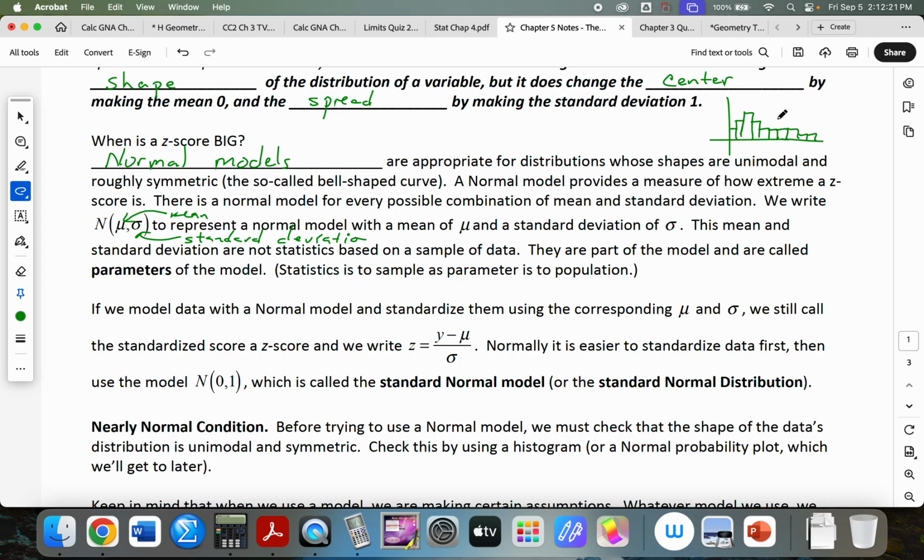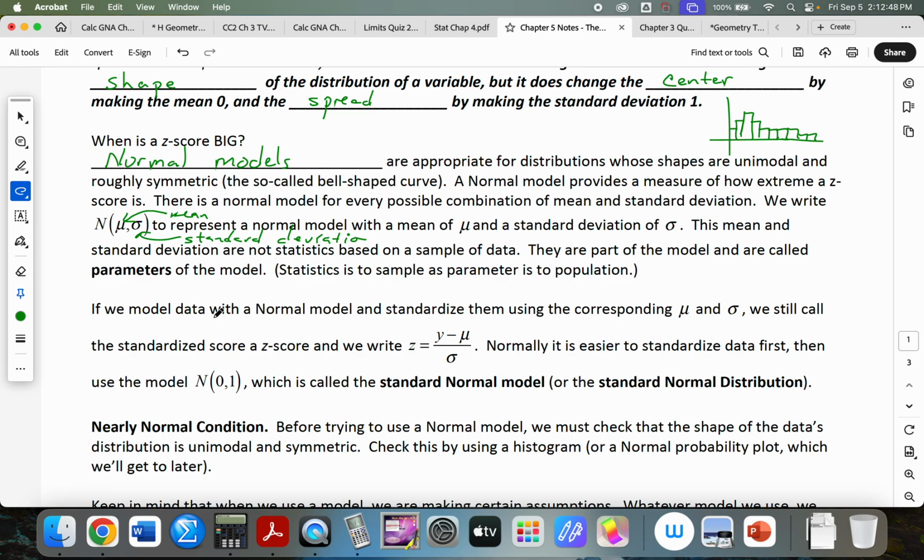You can get a normal model for it, it just doesn't fit very well. Okay? So anytime you have something like that, you're like, normal model's probably not good for it. You have to find some other model. And there are other models that will fit this kind of data better. We'll talk about them a long time from now. Okay?